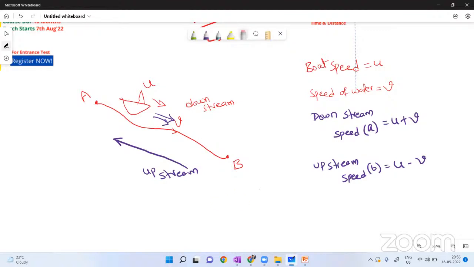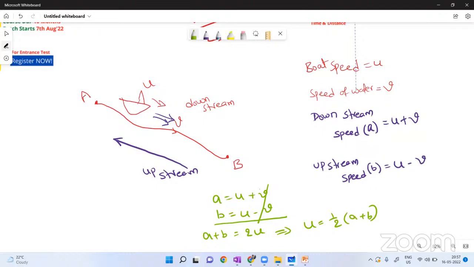So a equal to u plus v, b equal to u minus v. If you look at the relation, v gets cancelled, so 2u equal to a plus b. From this I can write u equal to half of a plus b.